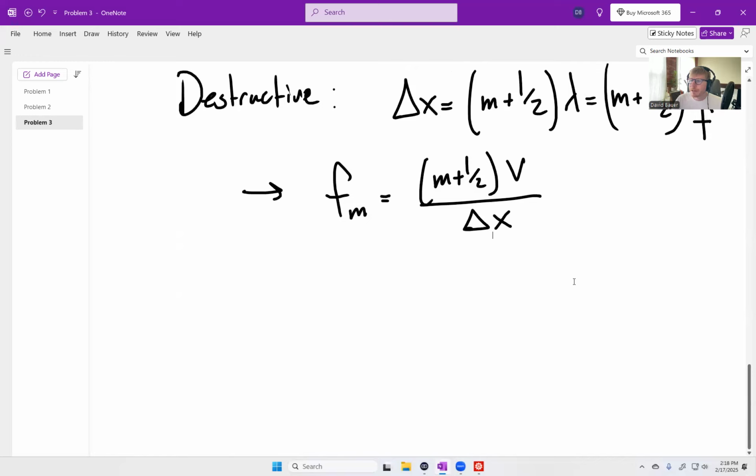All right. So there's multiple ways we could approach a problem like this. I think the most straightforward thing to do is basically to just plug in different values of m and check whether they fall within the range.